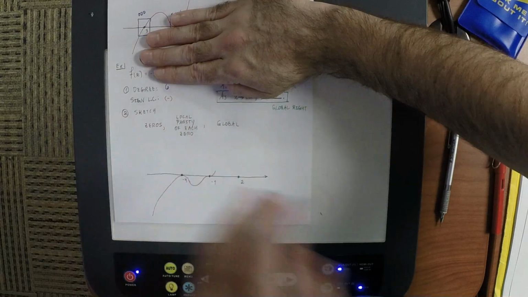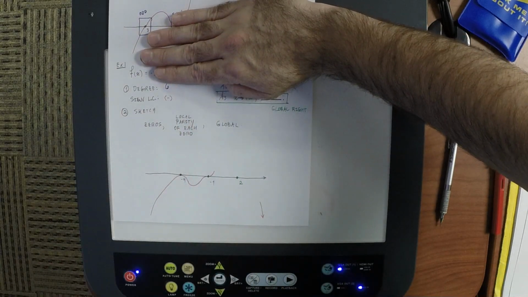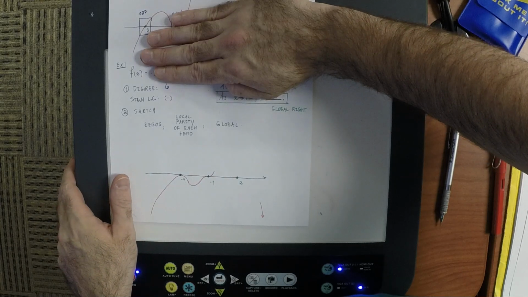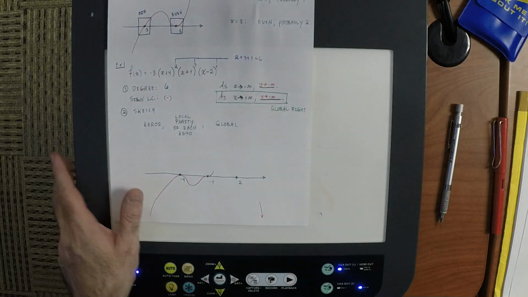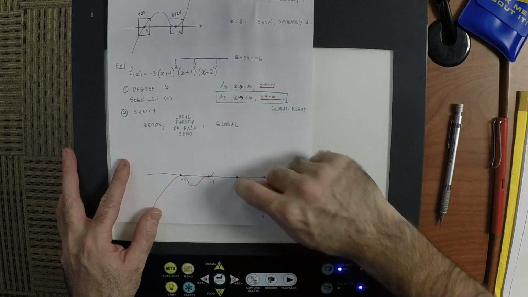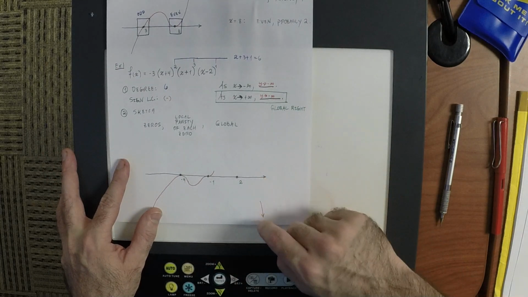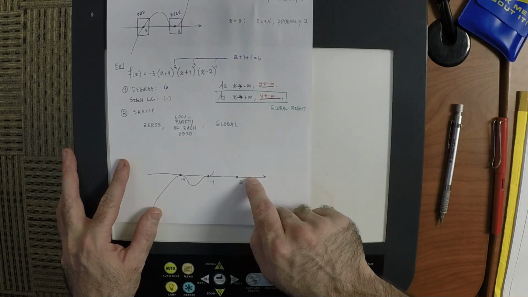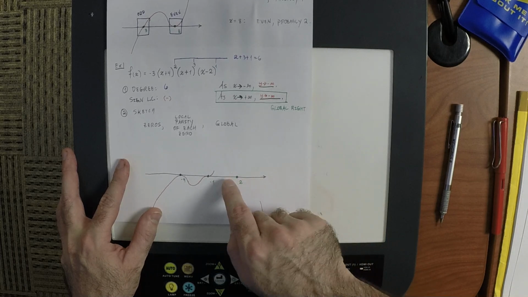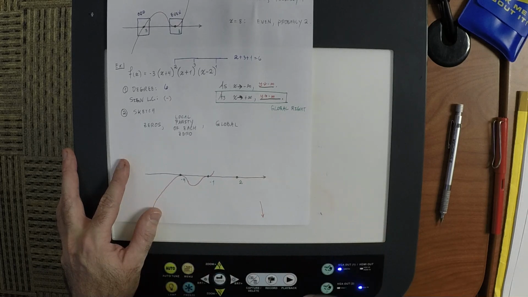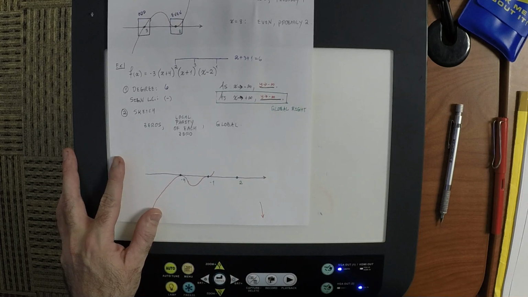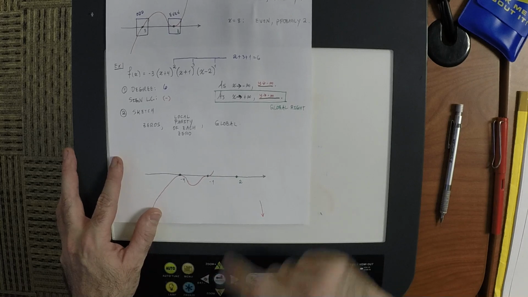Well, I agree with that, but suppose that I ignore the formula for a minute. You'd have to have another zero to come back down. If you bounced off of 2 and then turned to go meet this one, that means you'd have another zero over here. So because there are no other zeros than these 3, you simply must cross at 2.